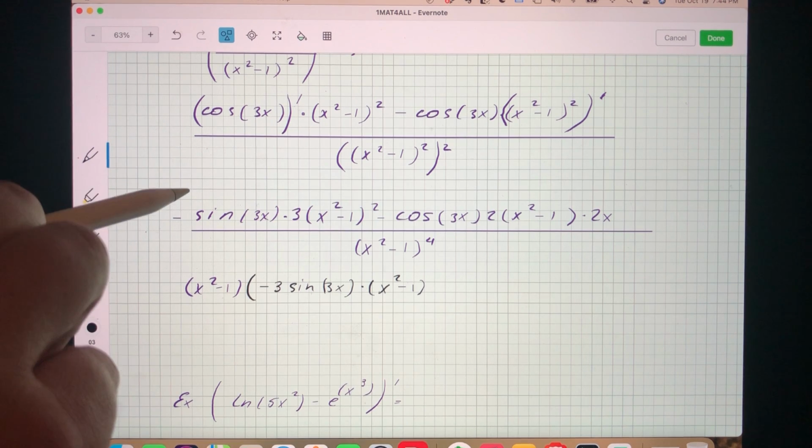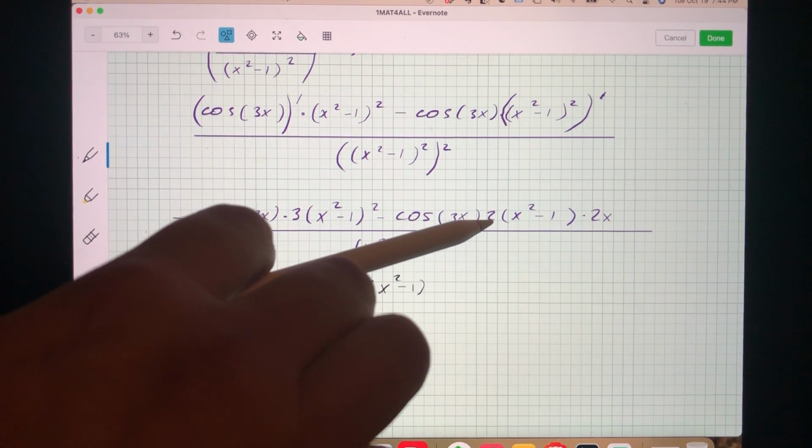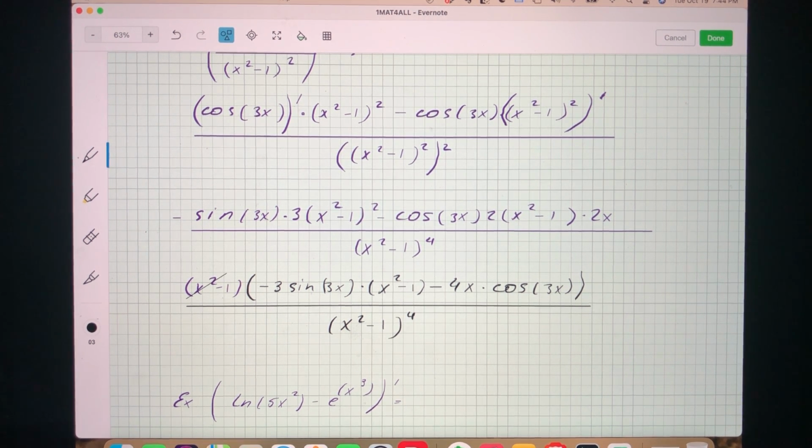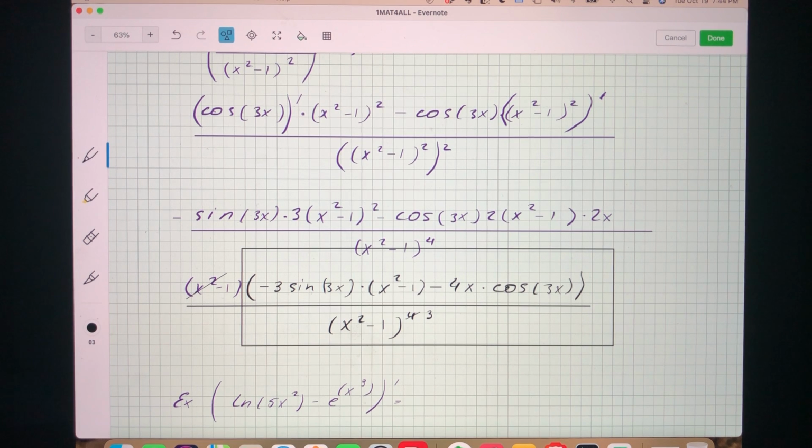So once it's outside, we have 2 times 2, that's 4. So we have negative 4x times the cosine of 3x. And on the bottom, we have the x squared minus 1 to the 4th. And we cancel one of these terms, and the 4 turns to 3. And that's it. This is the final answer to our question number 2. So here, this is the final result.